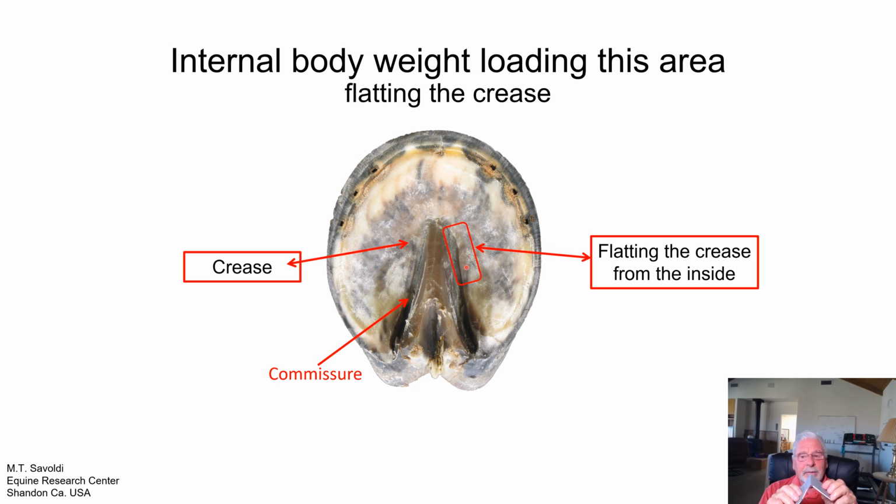But what I'm talking about here is flattening. To flatten this crease, I need to just come in here and push down on our crease, and you can see that it's flattening out in this area. And that's what's happening right here.